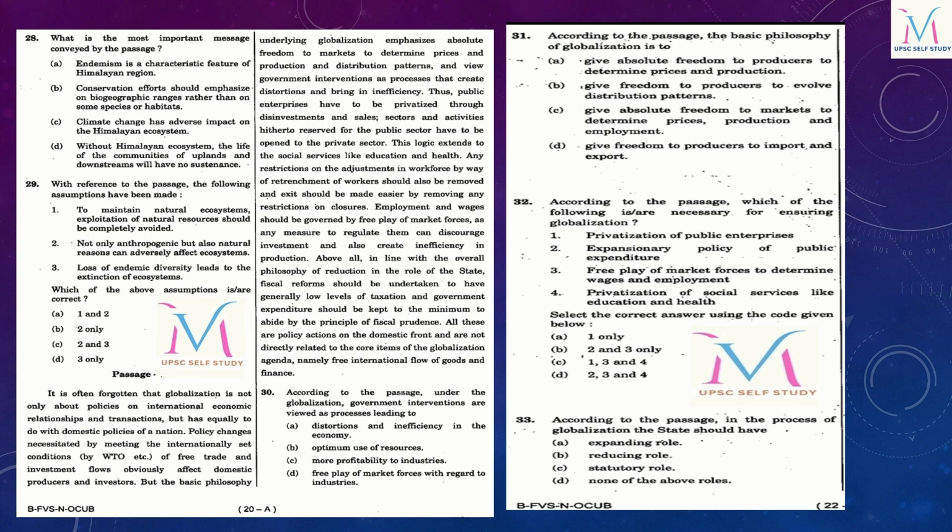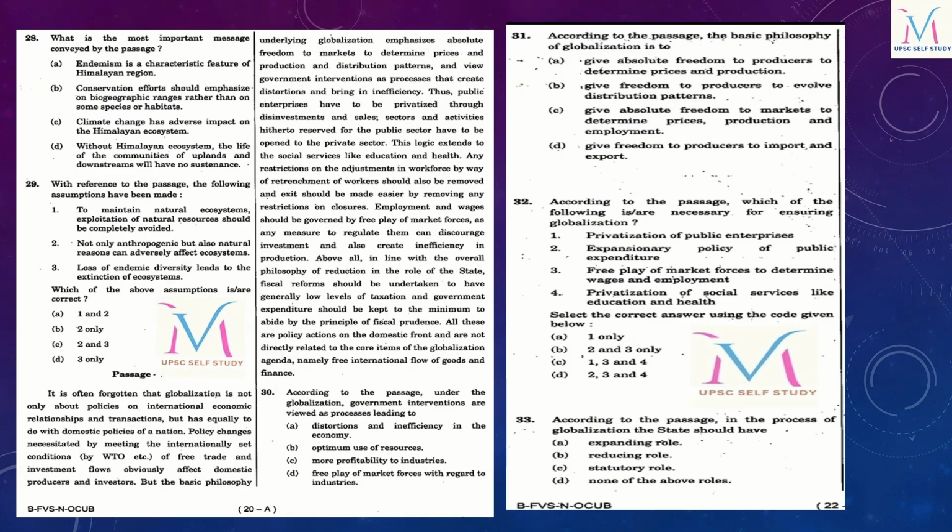Okay, and 32. According to the passage, which of the following is or are necessary for ensuring globalization? Privatization of public enterprises, expansionary policy of public expenditure, free play of market forces to determine the wages and employment, privatization of social services like education and health.